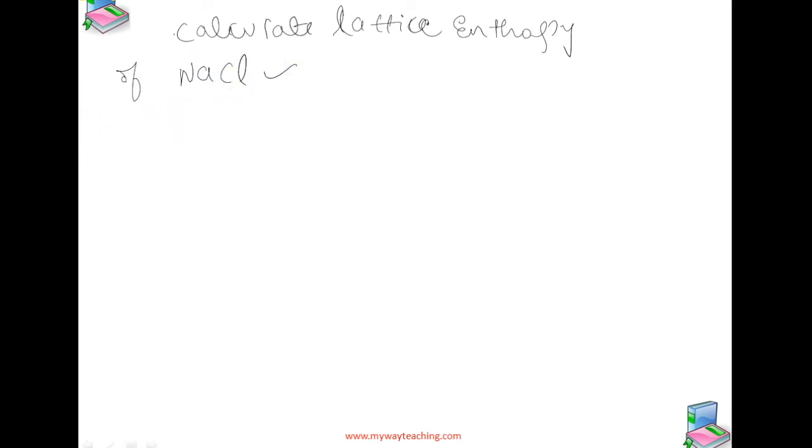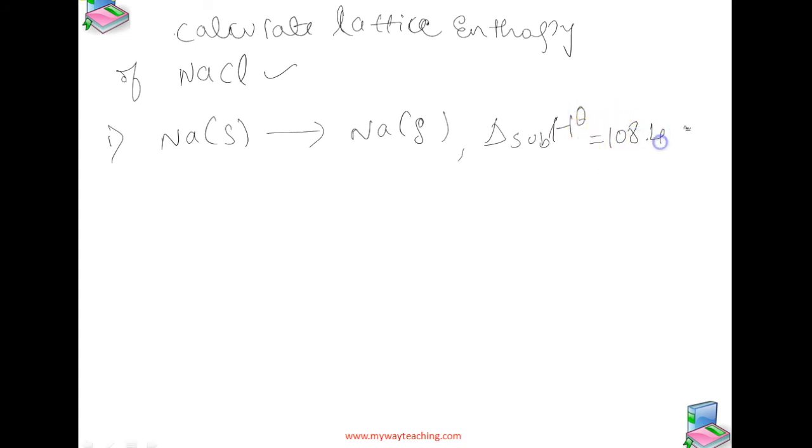The first step is Na, which is in solid state, being converted into gaseous state. Sublimation of sodium metal, delta H is equal to 108.4 kilojoule per mole.